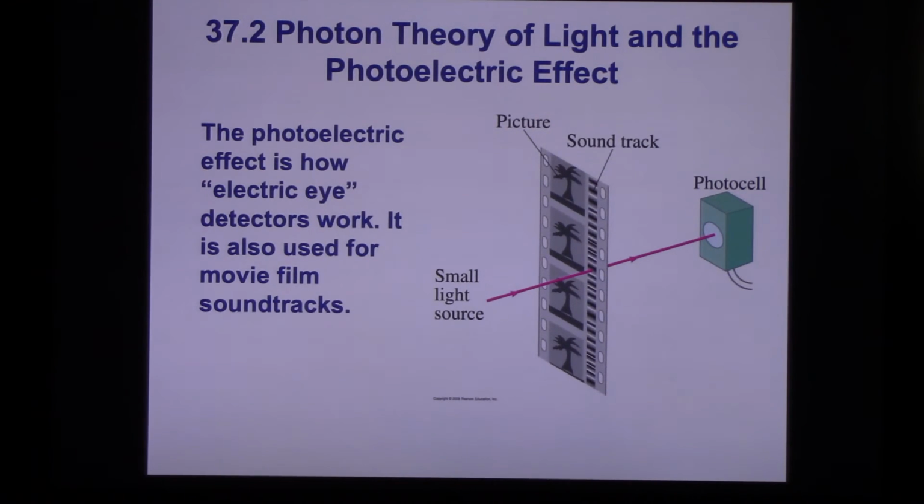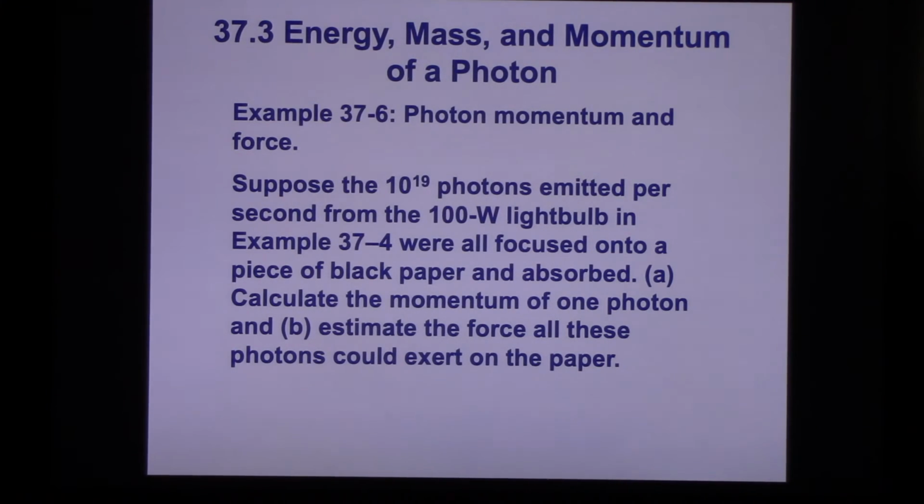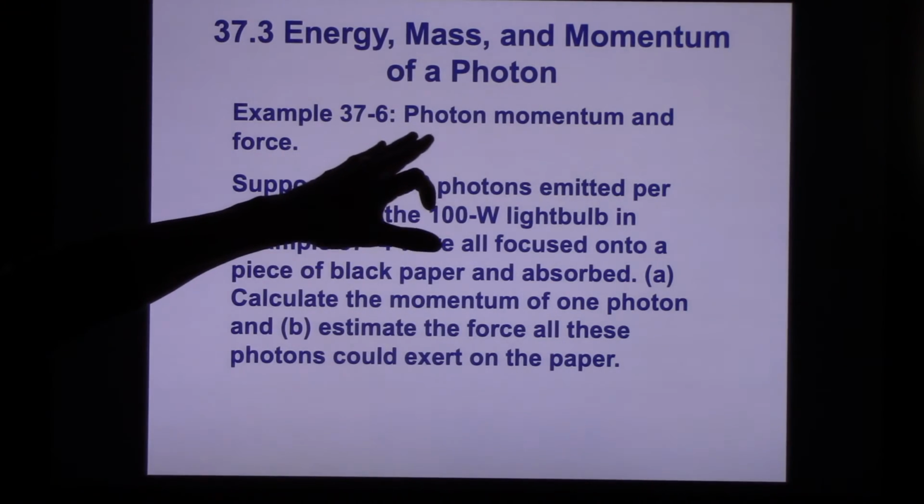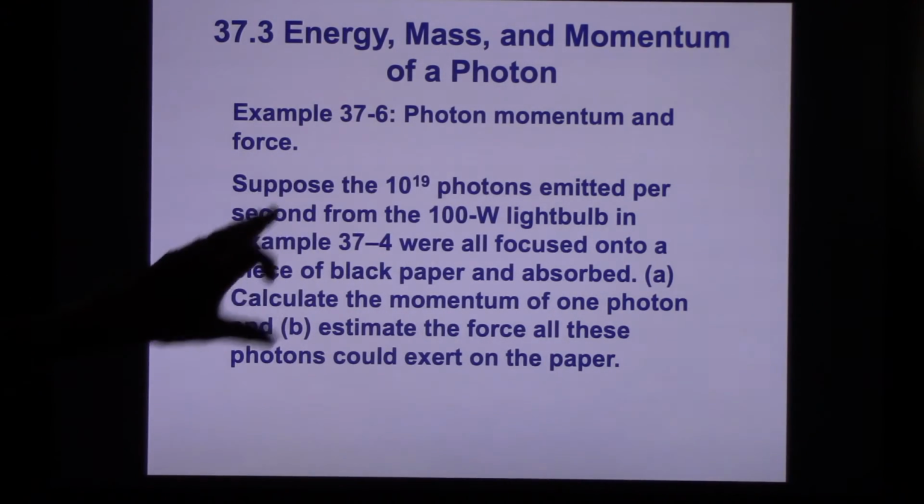So here is an example of the photoelectric effect for light. Let's move ahead a bit here and talk a little bit more about some other properties of these photons. This is related to the light bulb example that we saw before. Here they want us to calculate photon momentum and force.